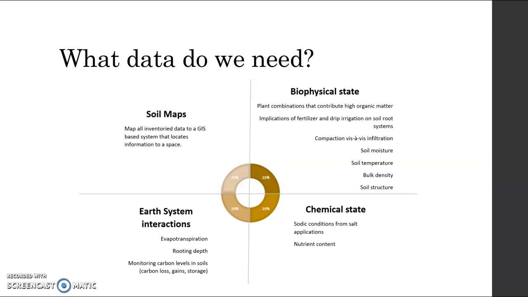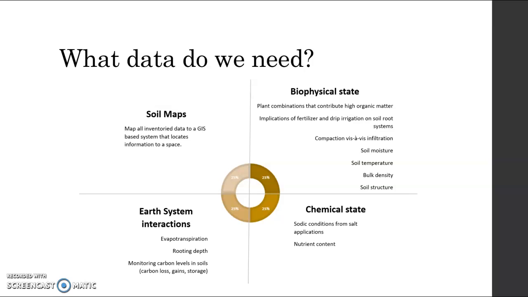The third thing that came up was Earth-system interaction. So how do we understand the soil as something that delivers its service by performing and functioning with other parts of Earth's spheres? Earth has a lithosphere, a hydrosphere, an atmosphere, and a biosphere.